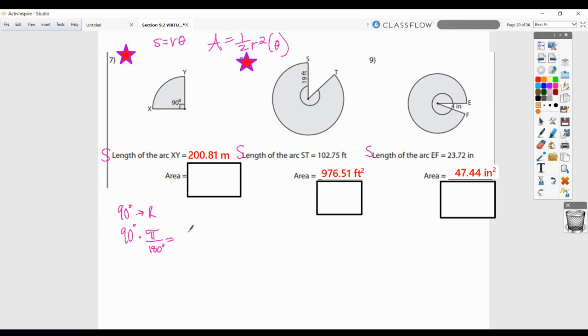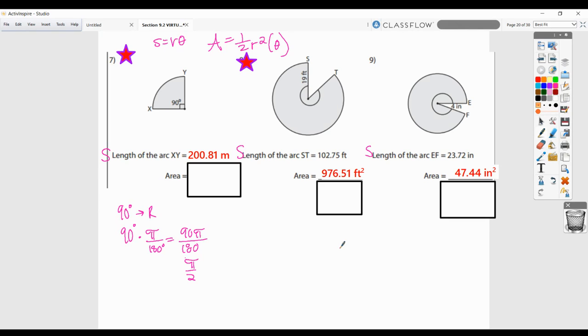I'm going to multiply straight across. I get 90 pi over 180. So if this was a conversion problem, you would simplify this, right? And you would just make it 1/2 pi or pi over 2. But when you're going to use these formulas, it's easier for us to use the decimal of the radians. So you can type in 90 pi divided by 180.